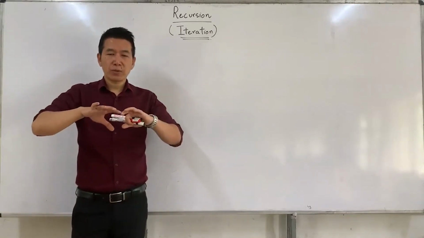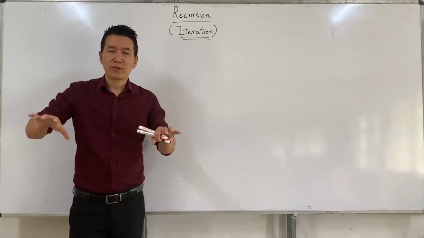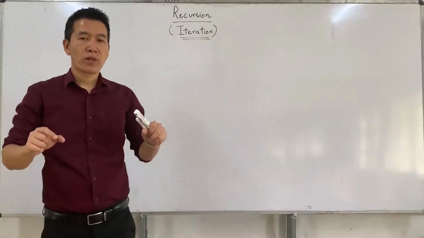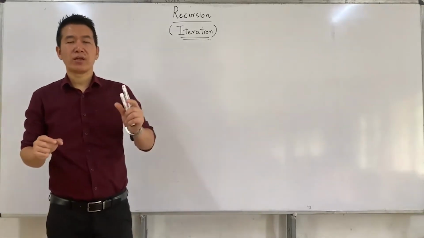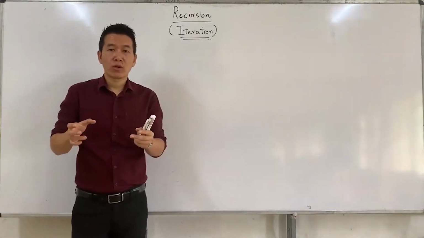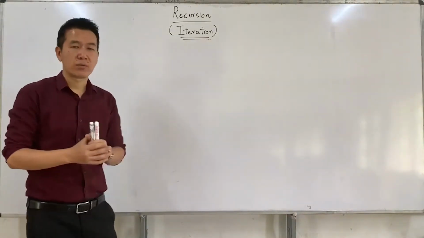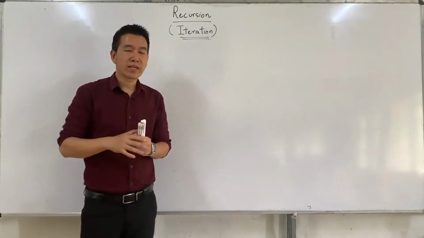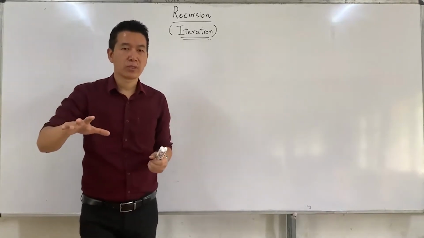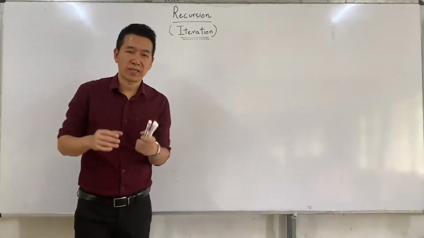If I am able to provide you a clear differentiation between the two, you will not only get a clear idea about iteration, you will also have an even better idea with regard to recursion, which is the main topic. So I'll be explaining a few programs which will help us to understand the matter.